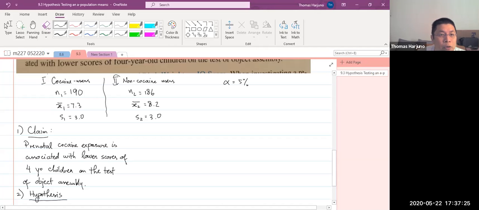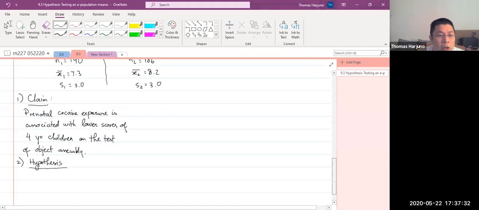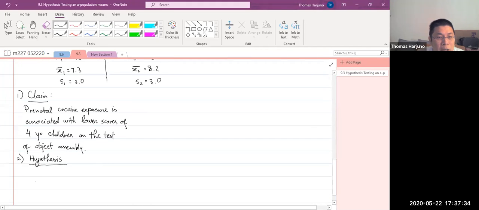I already used that notation here, N1 and N2. Okay, so the hypothesis is that the assembly test score for group 1 is less than the assembly test score for group 2.